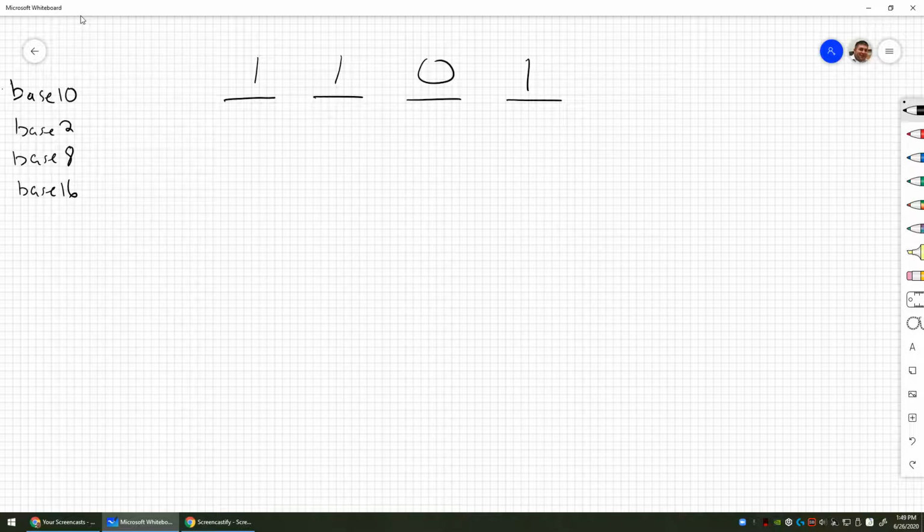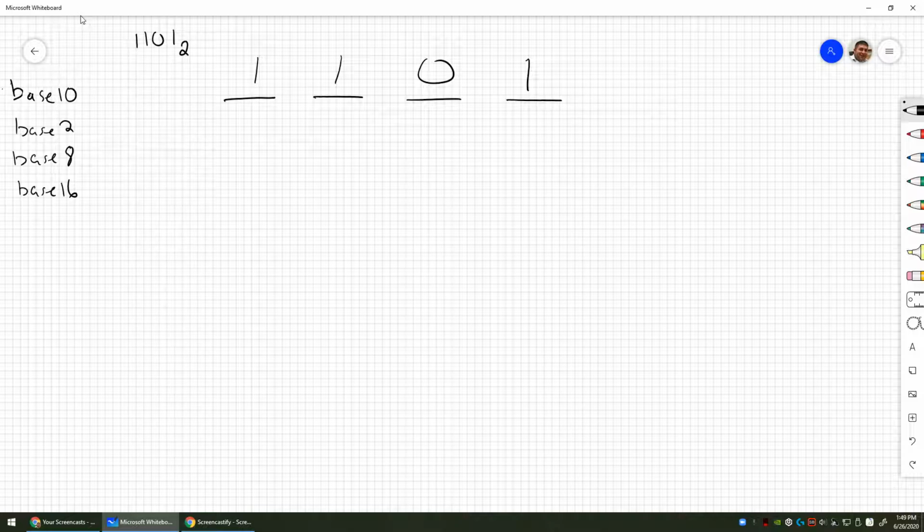If you saw this on an exam, it would look like this: 1101 base 2. That's how they would write it to indicate that it's base 2. This is not 1101. This is 1101 base 2.